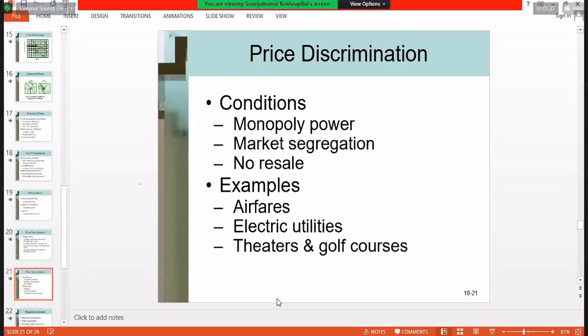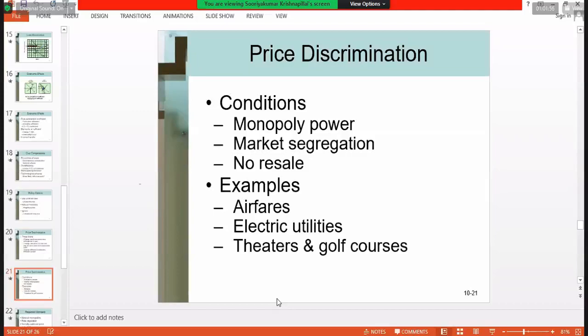For example, airfare: students and others, business class, economy class, they group and charge different prices. Electric utilities are also possible.